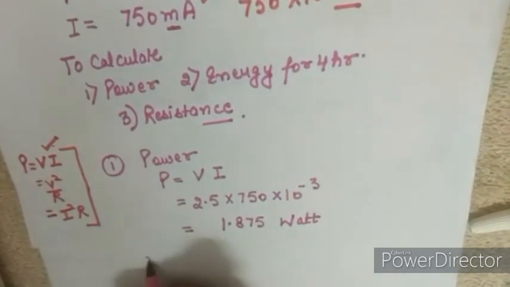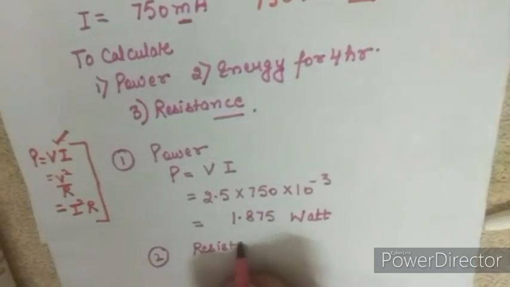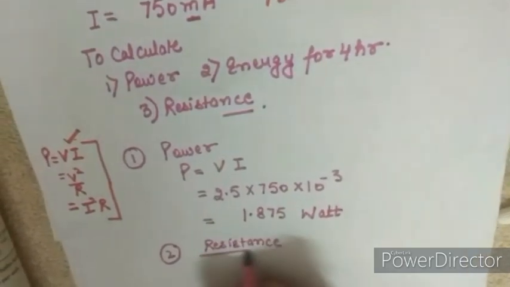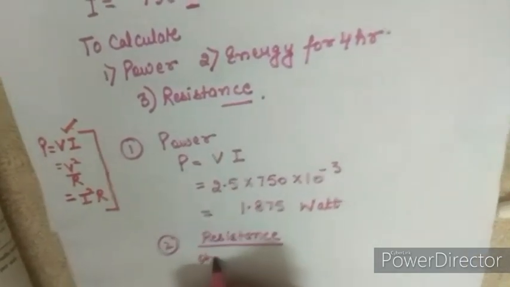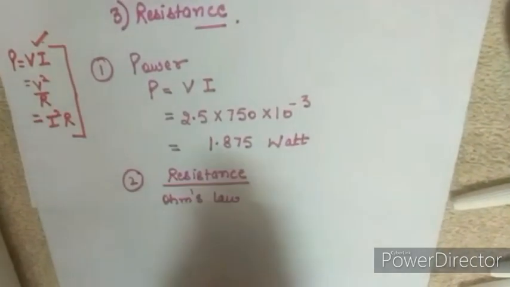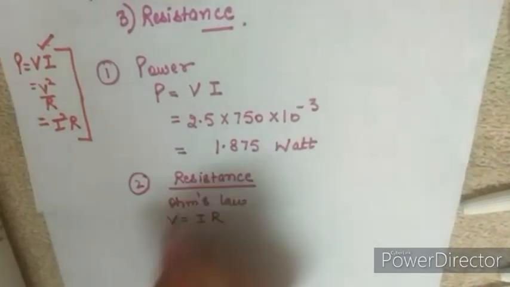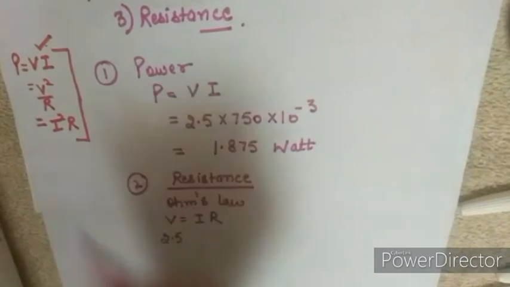The next thing you need to calculate is resistance. Now to calculate the resistance, we will use Ohm's law. Now according to Ohm's law, V is equal to IR. So V is again 2.5 from here.